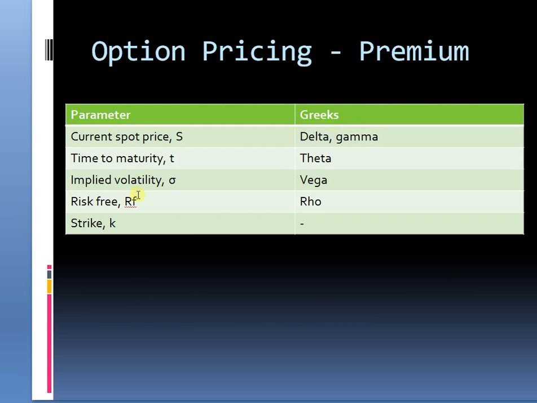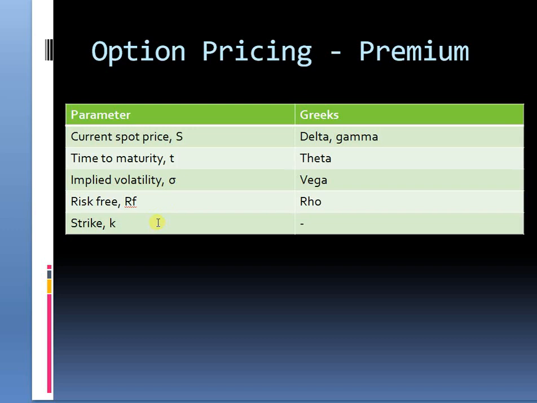They are the current spot price, the time to maturity, the implied volatility, which means the volatility of the spot price implied by other options being traded in the market, the current risk-free rate, and of course the strike price, which you agree with the seller.